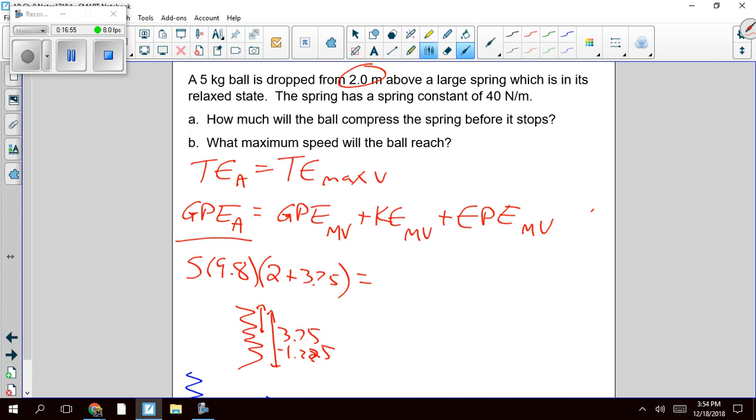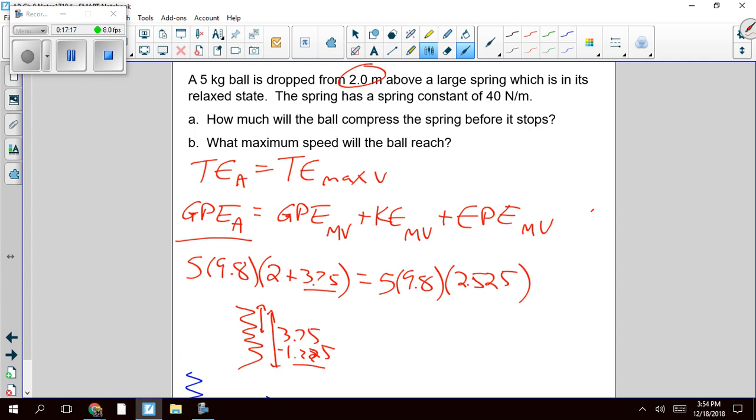So at this point now, we're at 5 times 9.8 times 3.75 minus 1.225 gives you, oh, that doesn't make any sense at all, 3.75 minus 1.225, there we go, 2.525, right?